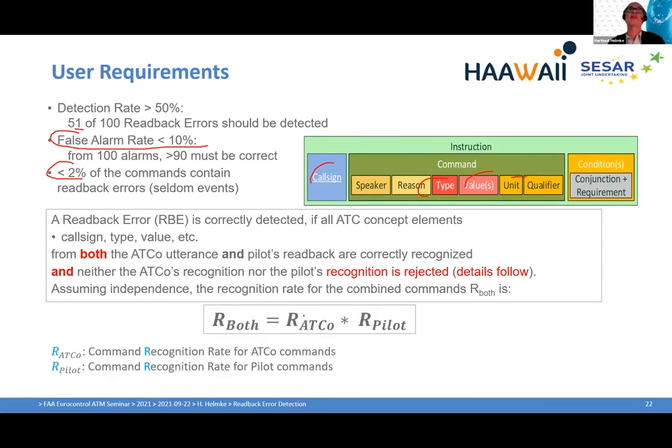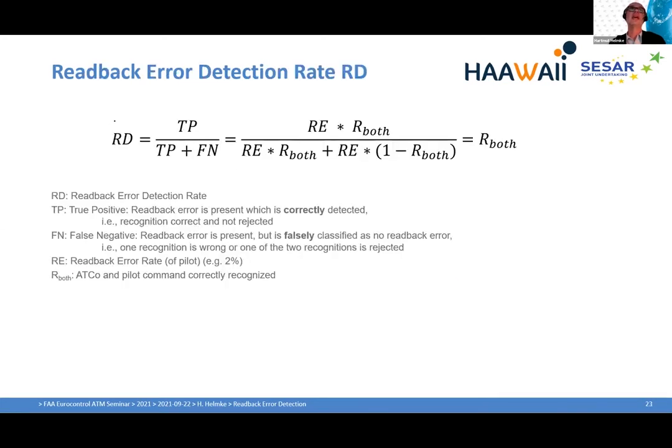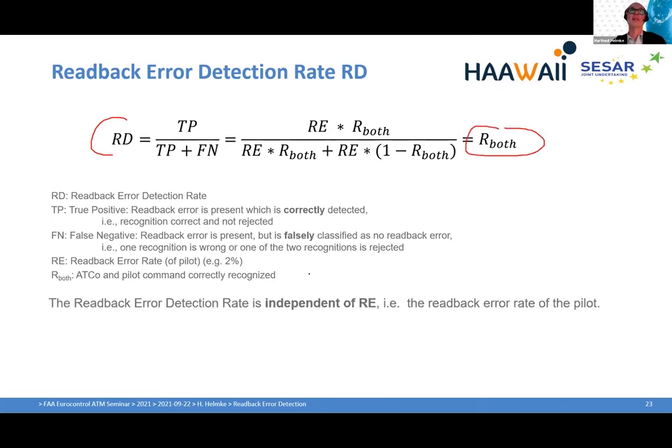So if you have a recognition rate for the ATCO utterances of R_ATCO and of R_pilot for the pilot, it's just the product of both probabilities that the recognition is correct, with the simplification that we assume them to be independent. So the readback error detection rate is the product of both recognition rates. But you see that the readback error detection rate is independent of how many readback errors you have.